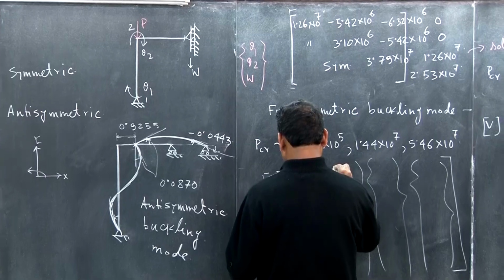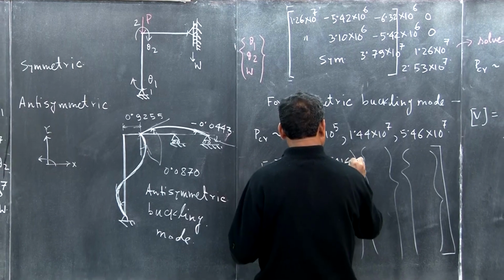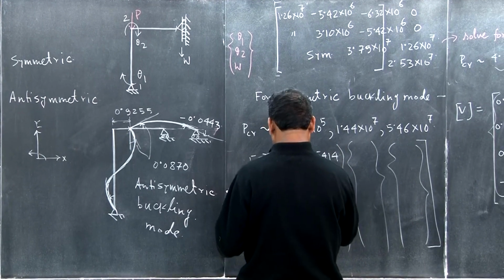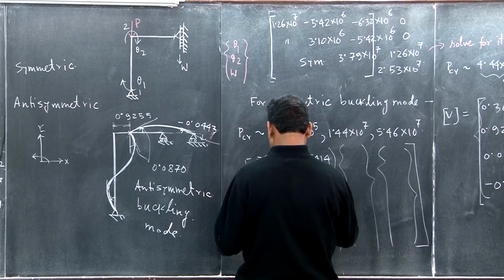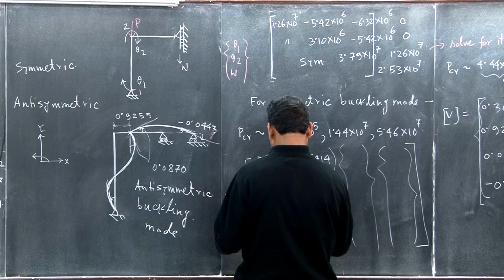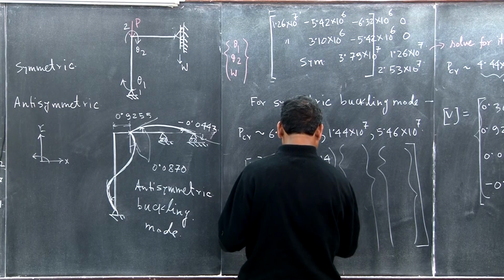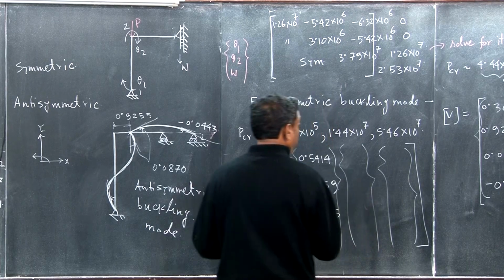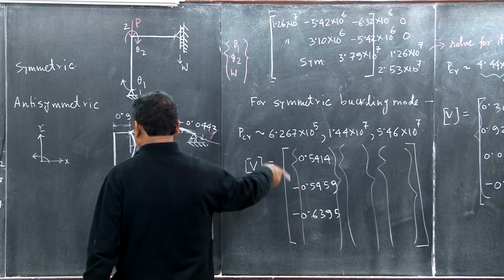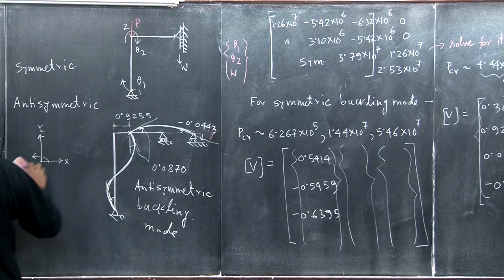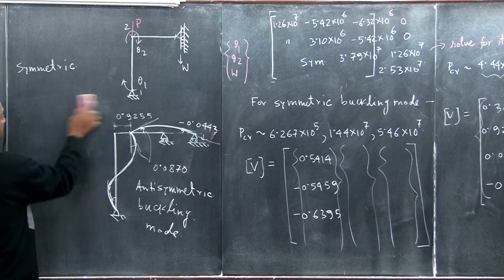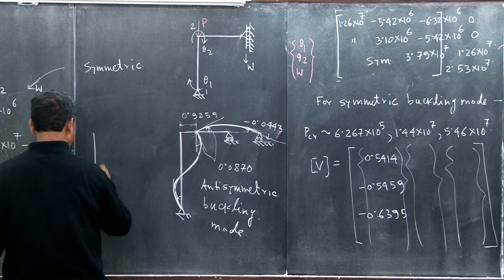This is 0.5414, minus 0.5459 and minus 0.6395. So now, once again we can draw the buckling mode for the symmetric one, like antisymmetric.